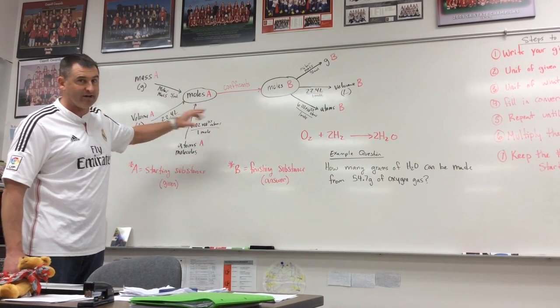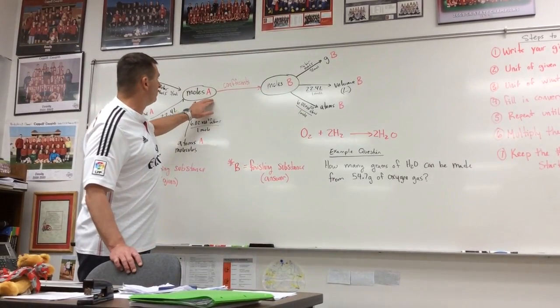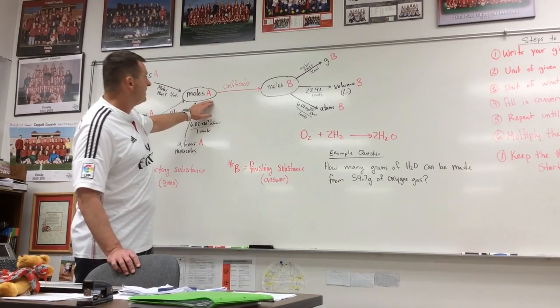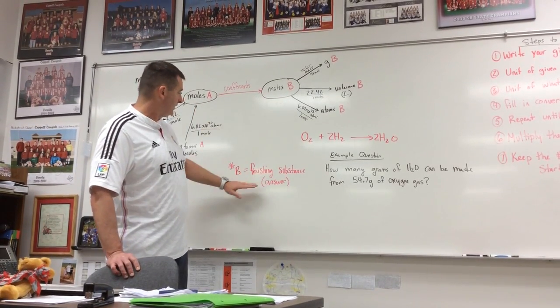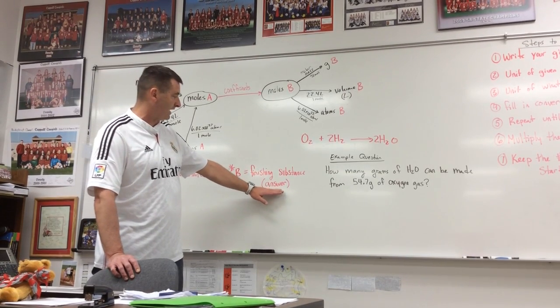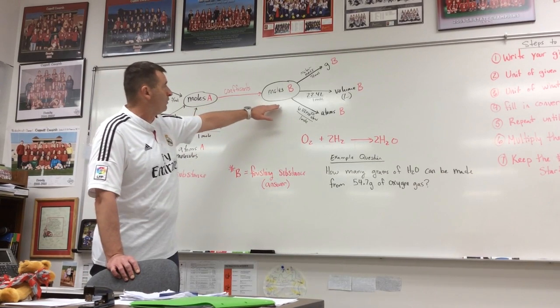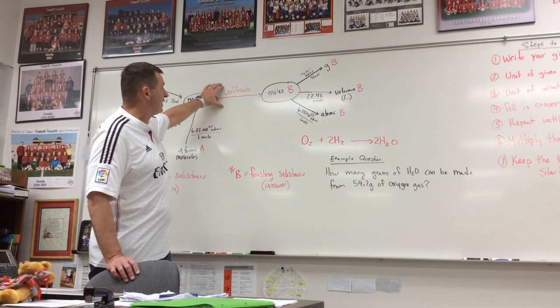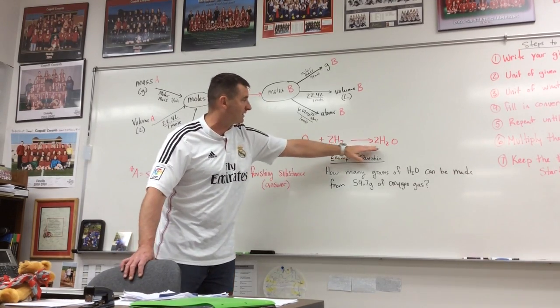So step 1 is to convert what I'm at to moles. Then once I get to moles of my starting substance, I'm going to convert to moles of my finishing substance, or my B. B is the finishing substance, what my answer is going to be in. So I go from moles of my starting substance to moles of my finishing substance, and what do I use to do that conversion? I use the coefficients from my chemical reaction.